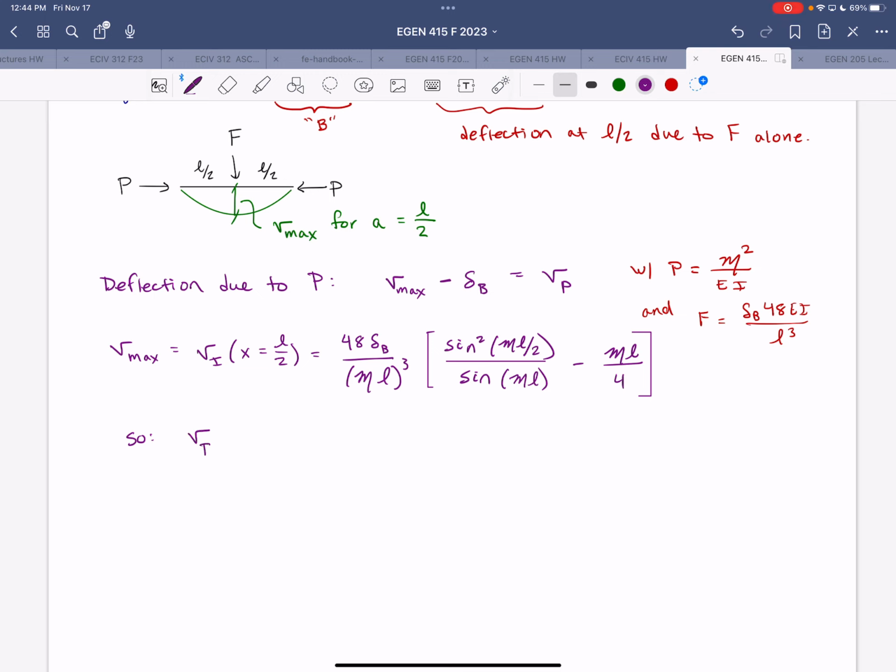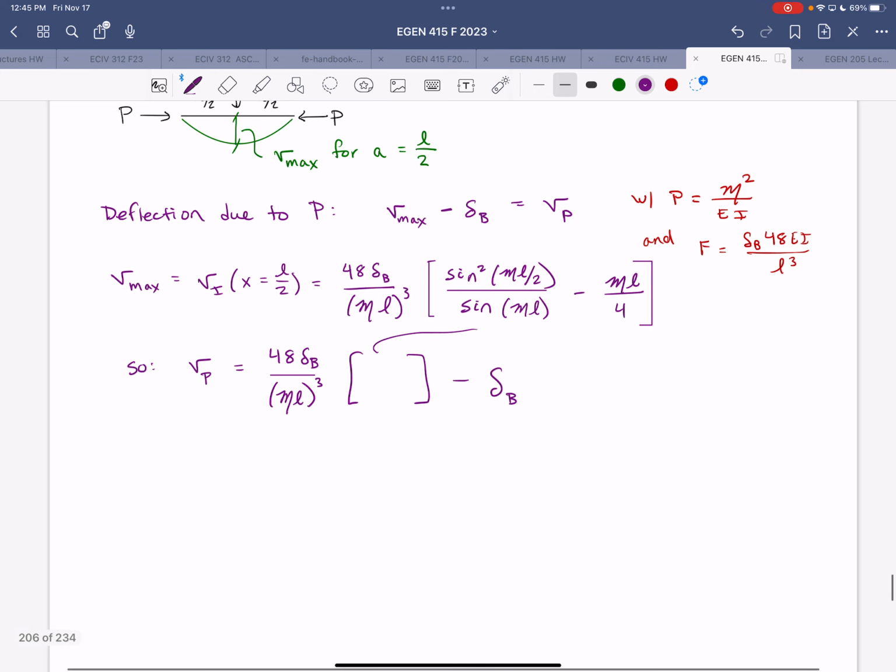So we can then say that the deflection due to the axial load is equal to 48 times lowercase delta b over ml cubed times that value in brackets, minus delta b.